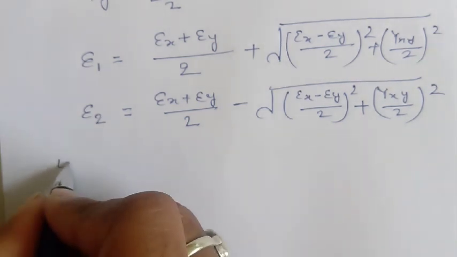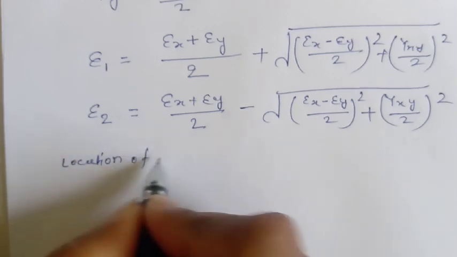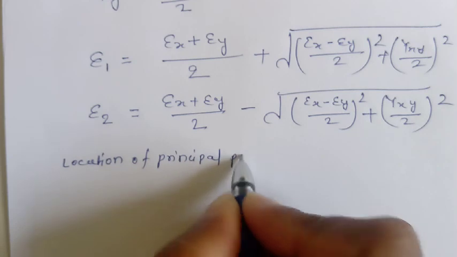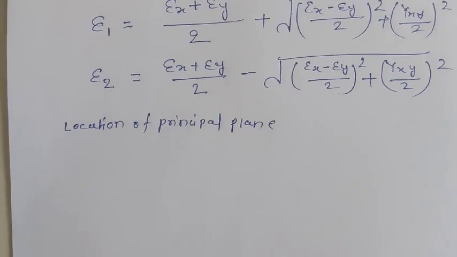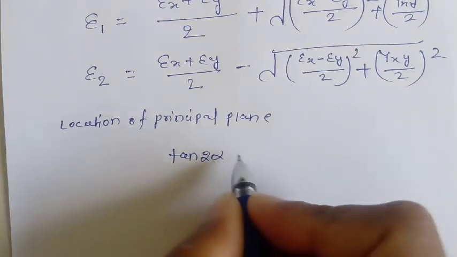The next topic is the location of the principal plane. For the principal strain, it can be denoted by tan 2 alpha.